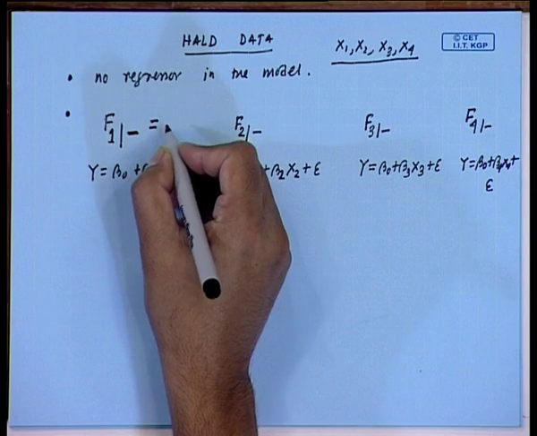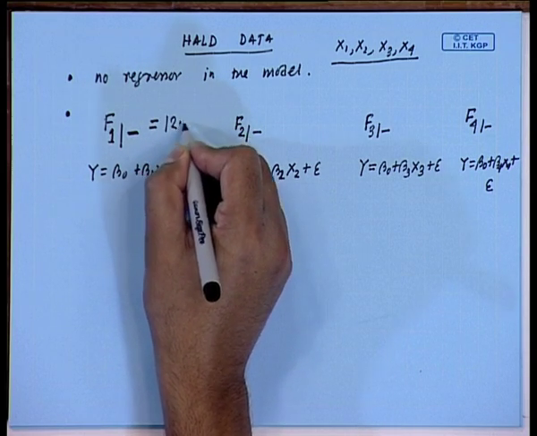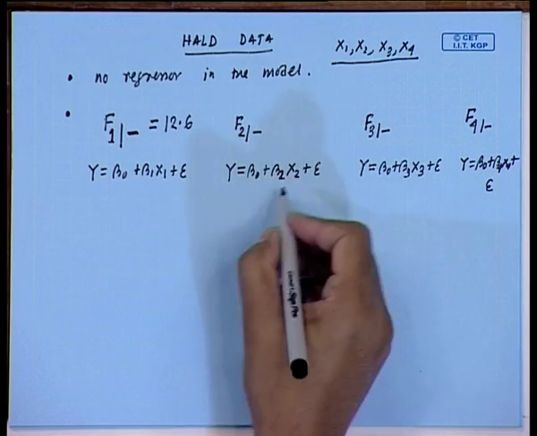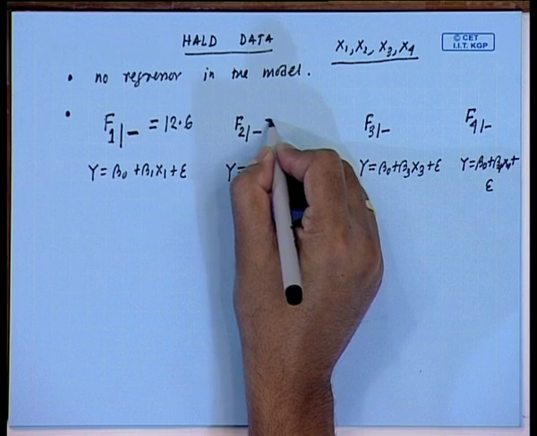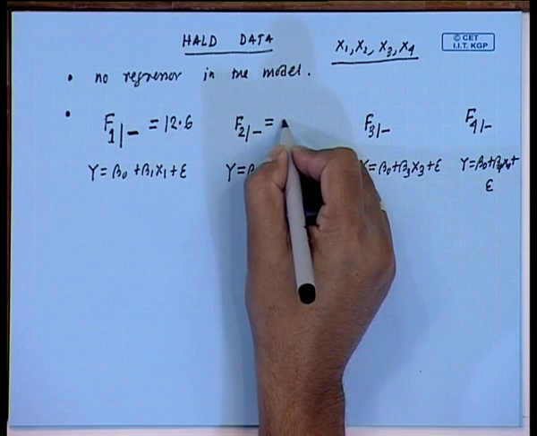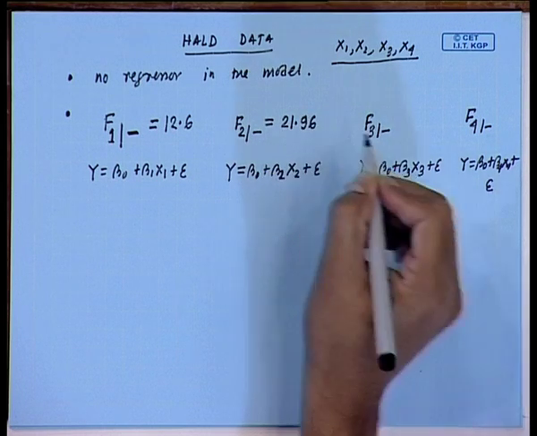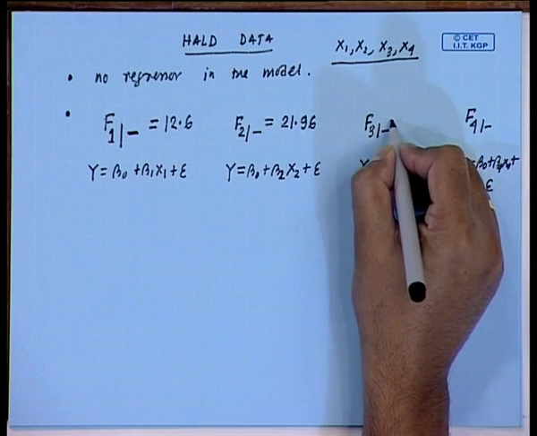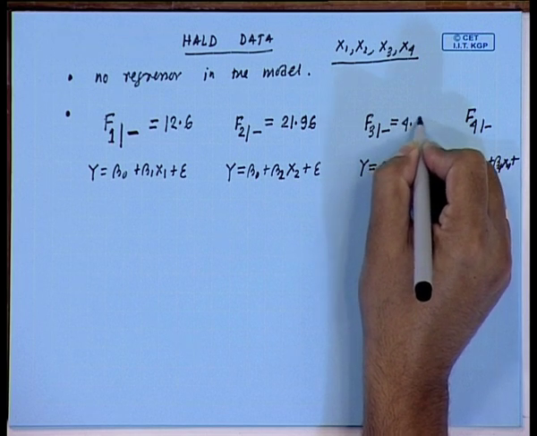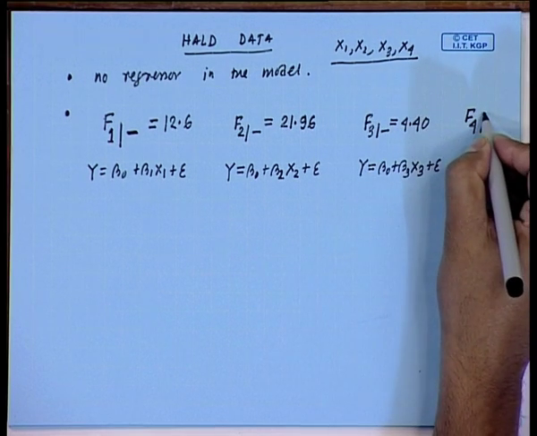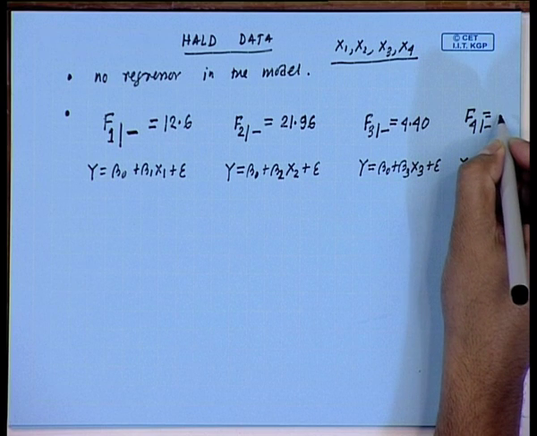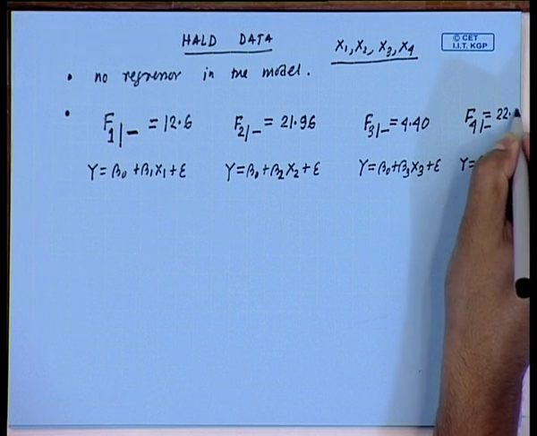Similarly, you fit this model and you will get the value 21.96. This value is equal to 4.40 and this value is equal to 22.8.